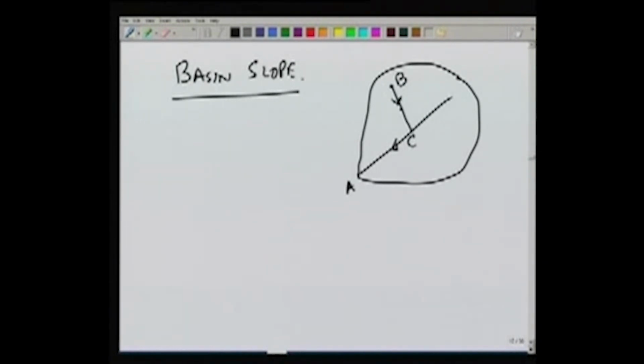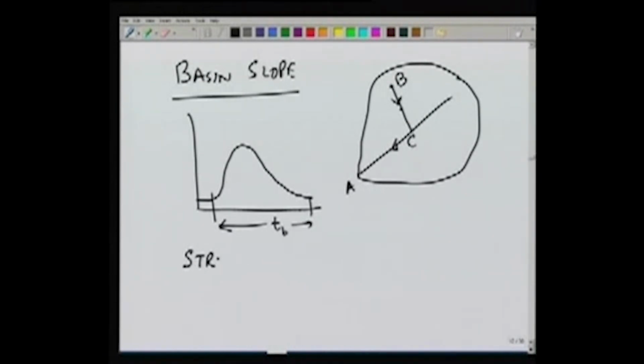The higher the slope, the smaller the time taken in traveling from B to C. Therefore, the time base of the hydrograph will depend on the basin slope. Typically, a larger slope will have a smaller TB.